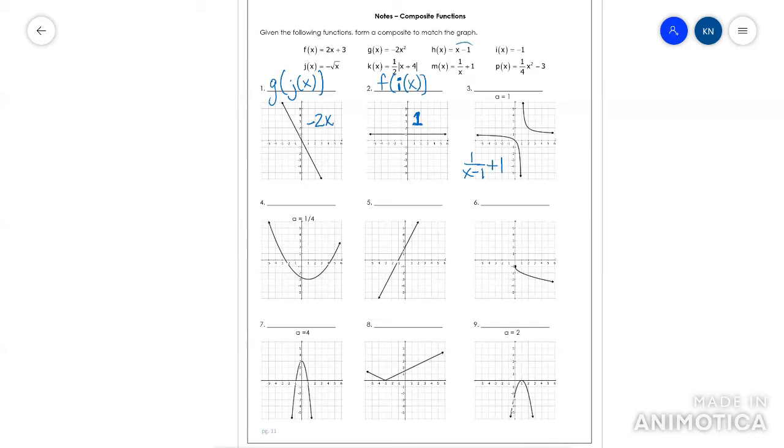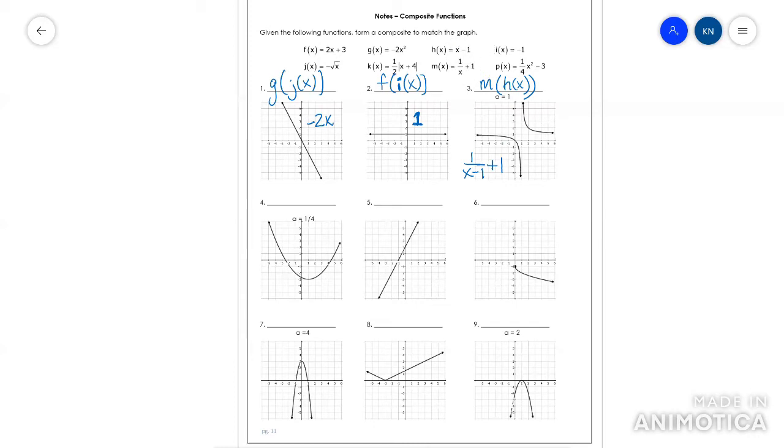I do. It's right here. So if I just plug in this x minus 1 for that x, I would have this equation. So h of x is being plugged into m of x, like that. Maybe I should have started with that example because it worked out pretty nicely.